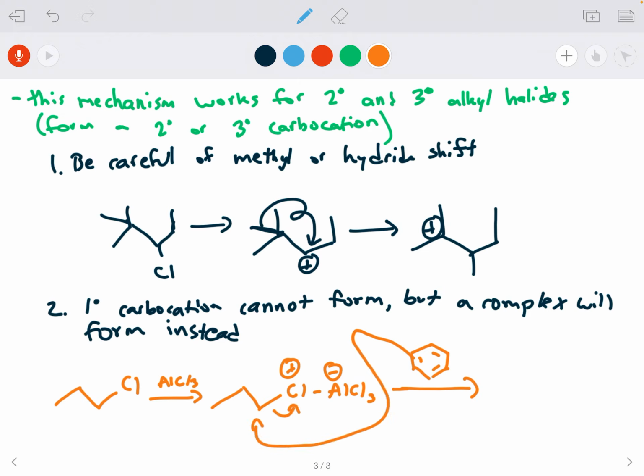It'll come in and kick off the complex. And then I'll get that. Right, so you can still have the Friedel-Crafts alkylation occur with only a primary alkyl halide because you form this complex which does not leave, and instead you have an SN2 type mechanism to add on the electrophile.